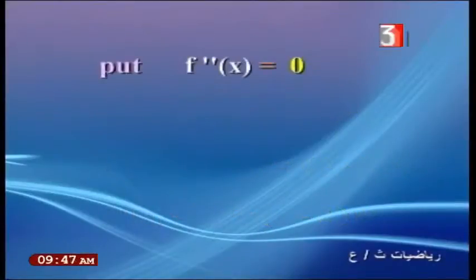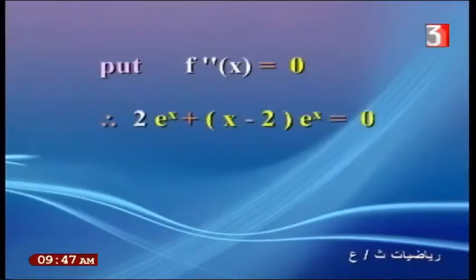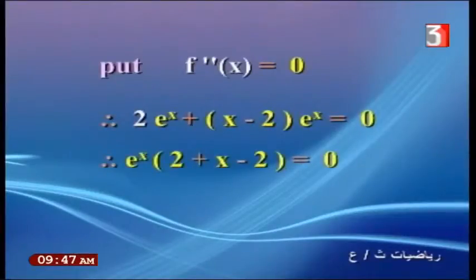Now we put f double dash x equal 0. Then 2 e power x plus (x minus 2) times e power x equals 0. We can take e power x as a common factor. Then e power x multiplied by (2 plus x minus 2) equals 0.